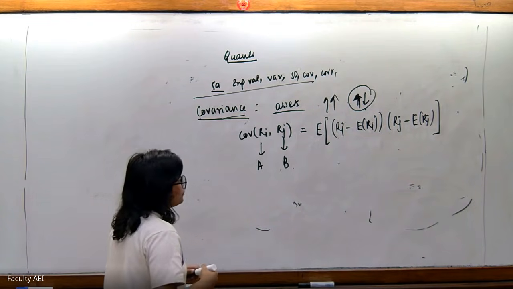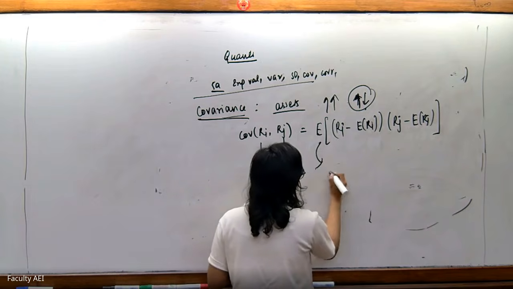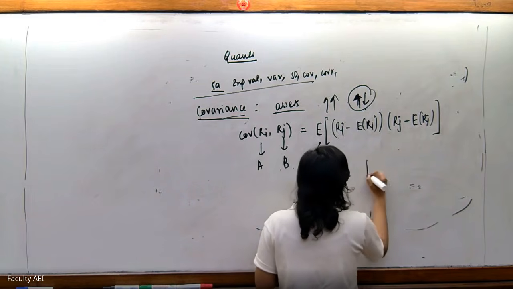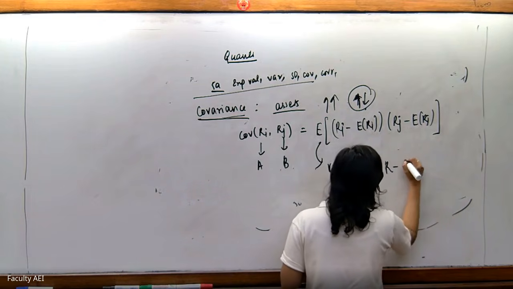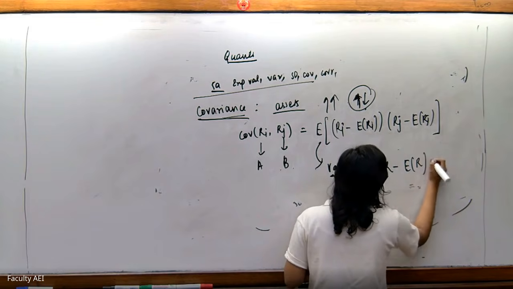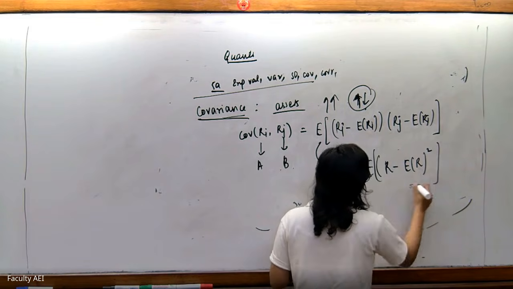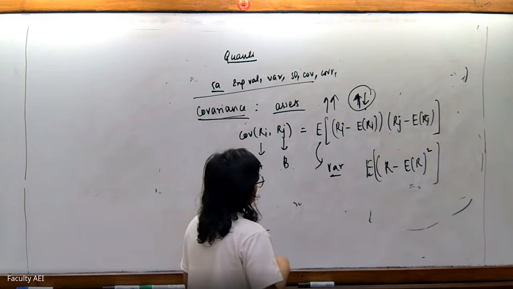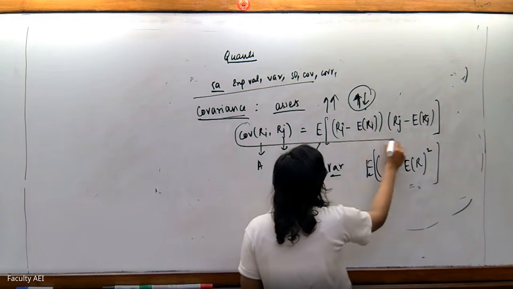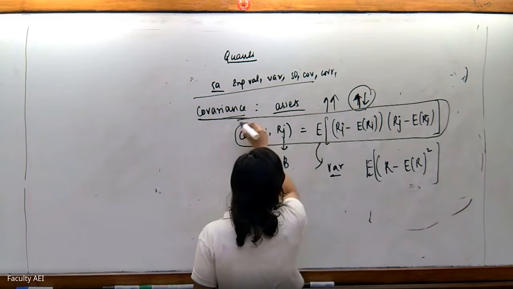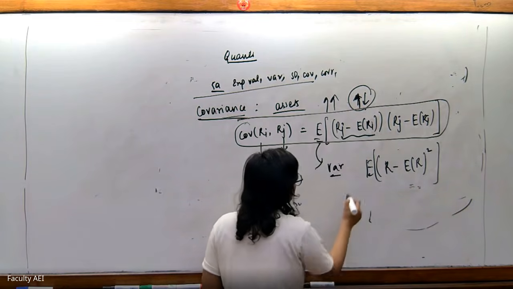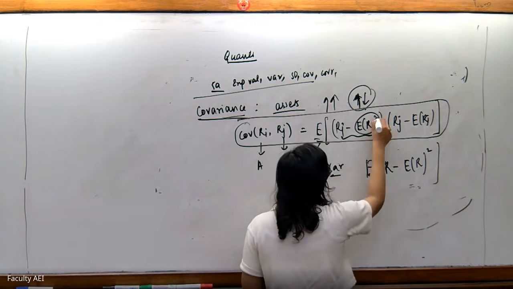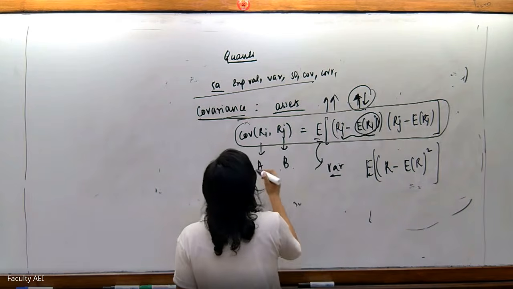So it is very similar to which formula? The variance formula: expected return minus expected return, whole square. So your covariance formula is the expectation of Ri minus expected value of Ri, where the expected value of Ri is the expected return.